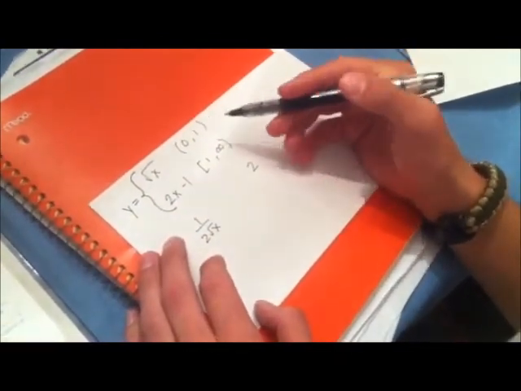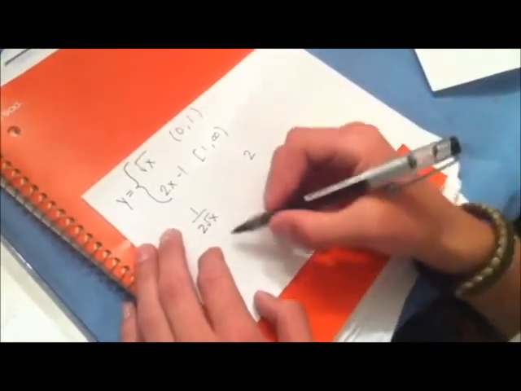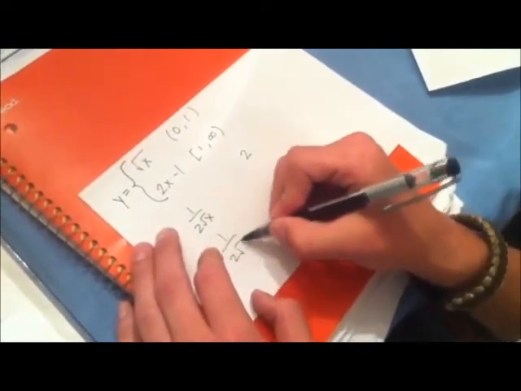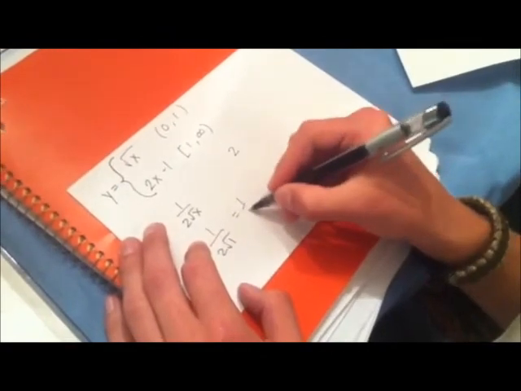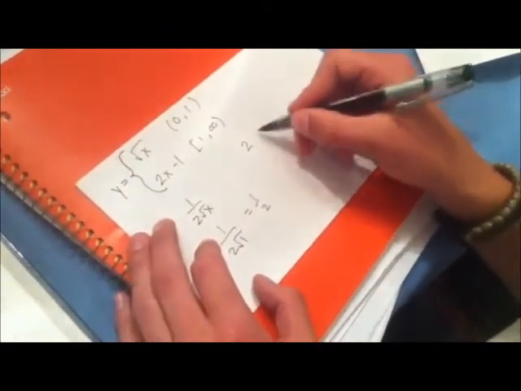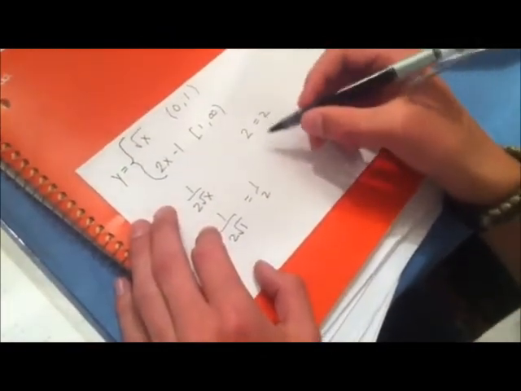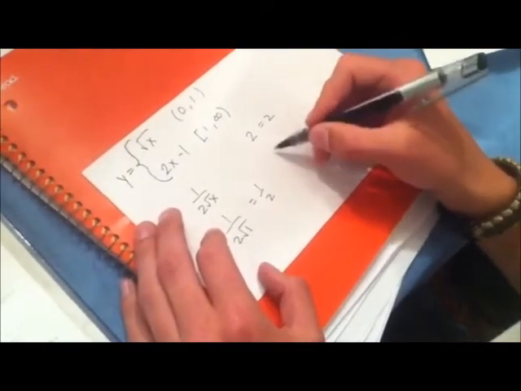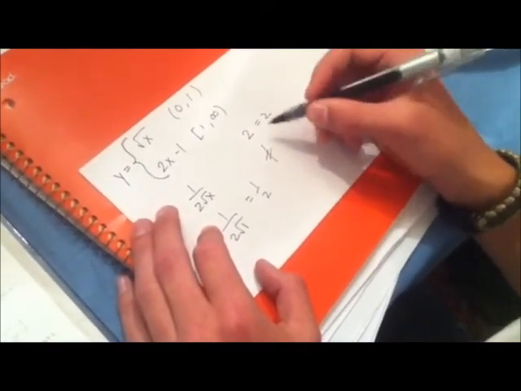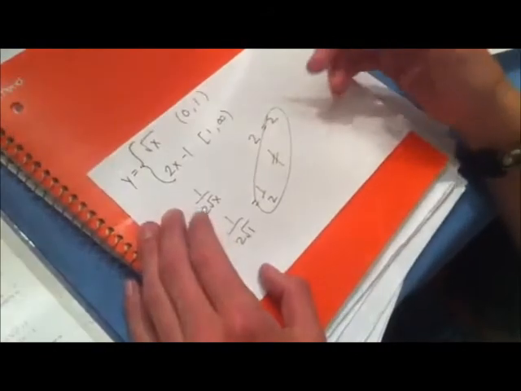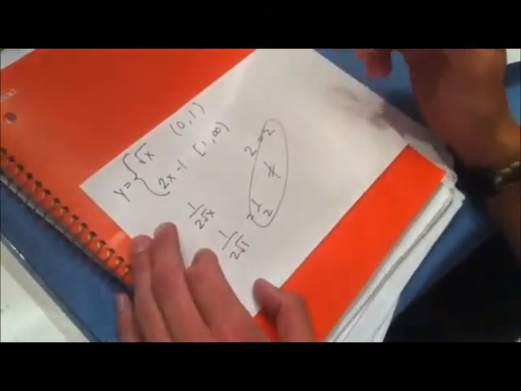Then we plug in the point 1 into both of these. So 1 over 2 root 1 equals 1/2, and 2 just equals 2. As you can see, 1/2 and 2 do not equal each other, so therefore this piecewise function is not differentiable.